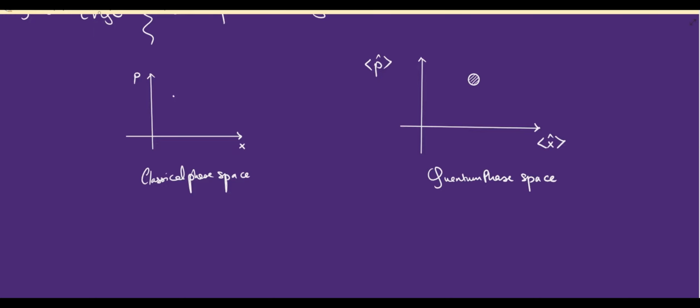The particle state is given by a Wigner distribution function, and there is some non-zero uncertainty. So this is a Wigner function, and this is just a point. The spread gives you an idea of the uncertainty in the position and momentum of that particular particle in that particular state. So this is a very general overview of the quantum phase space.